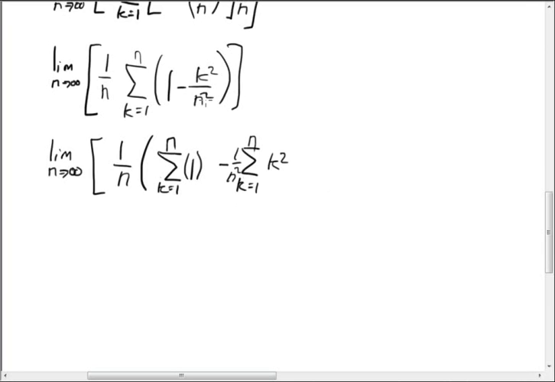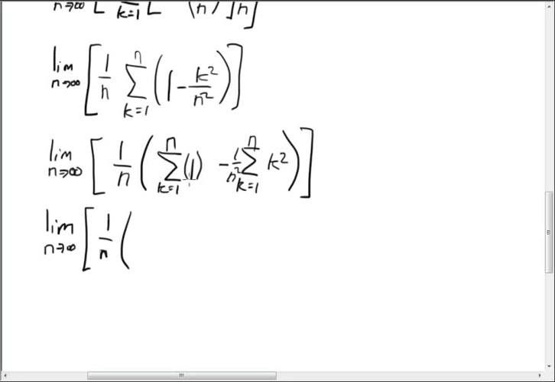So basically I pulled out this 1 over n squared and put it in front of the sum. And now that's the problem. So limit as n approaches infinity, 1 over n.